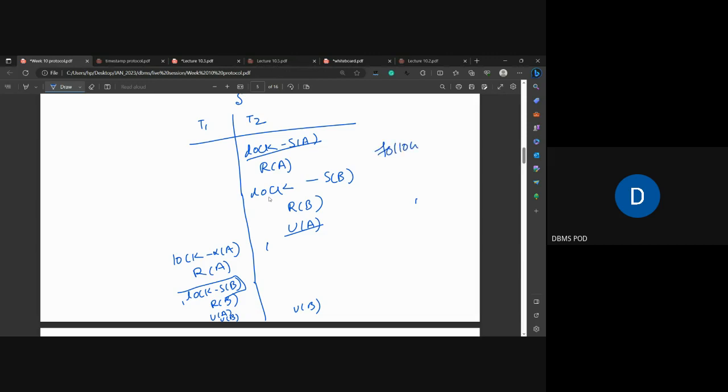One more thing here: when we have performed unlocking, say we have unlocked data item A in transaction T2, now if we are again going to read the data item A, we again have to perform the lock. You have to again perform the shared lock or the exclusive lock.